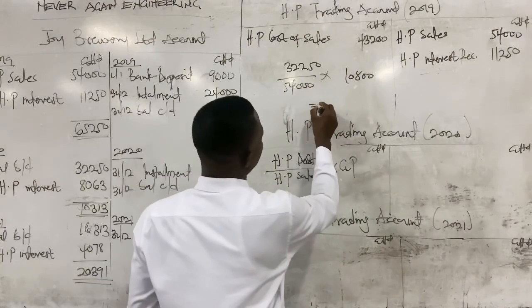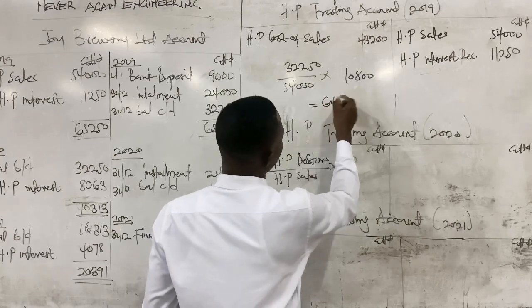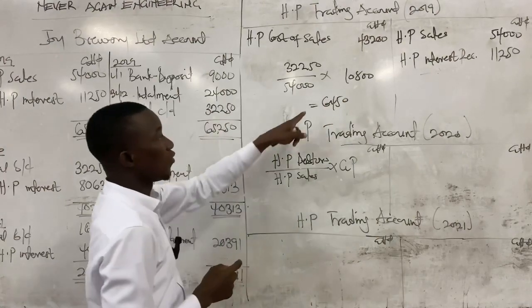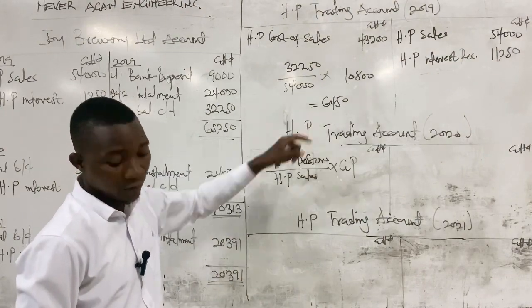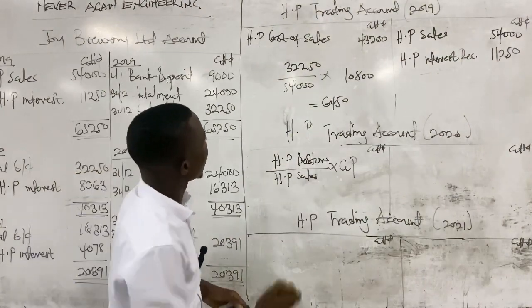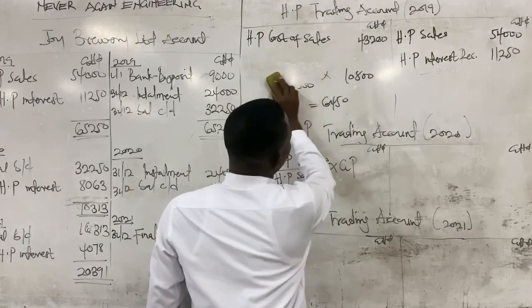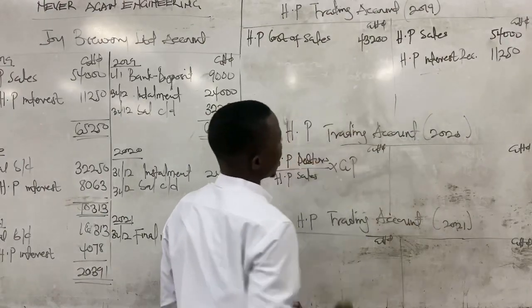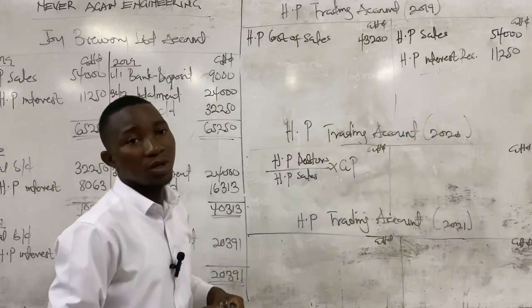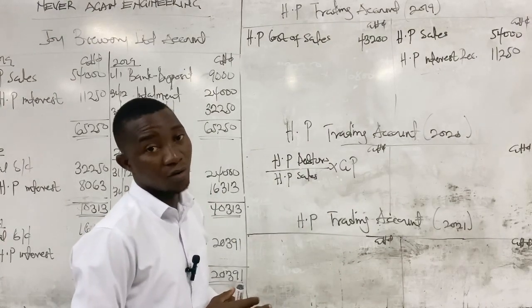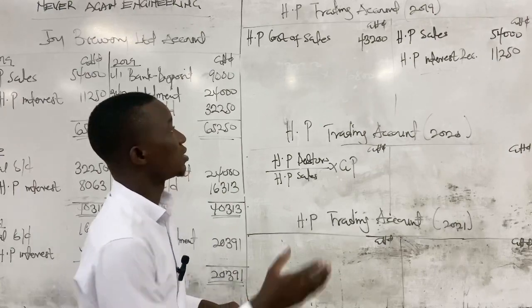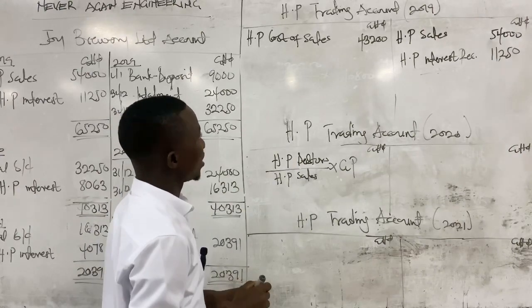And this will give us an amount of 6,450 as the provision for unrealized profits. Is this clear? Very good. So this is the provision for unrealized profits, and this 6,450 will be credited to the provision for unrealized profit account. Then we debit it to the high purchase trading account.